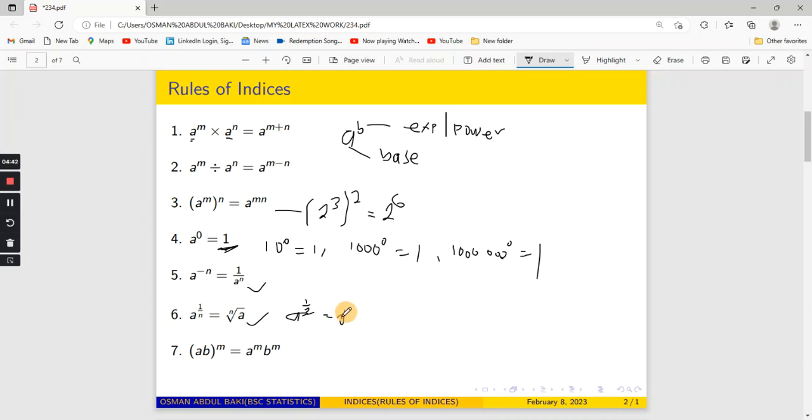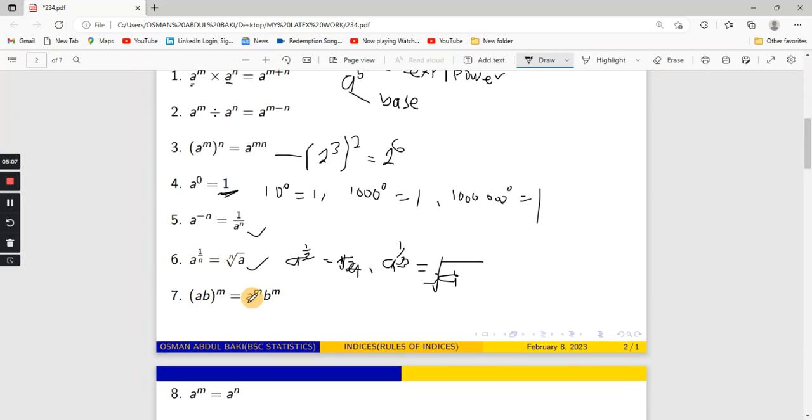But if we have a raised to the power, let's say, 1 over 3, we have the cube root. So actually, it is the nth root.